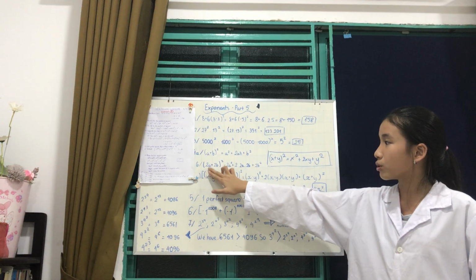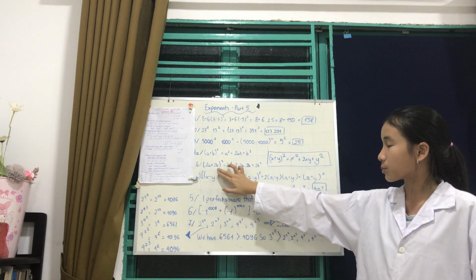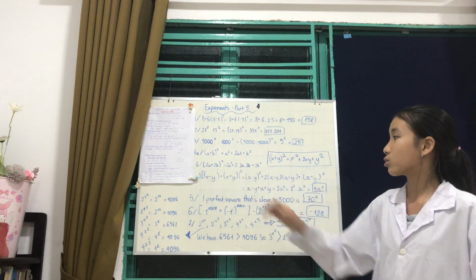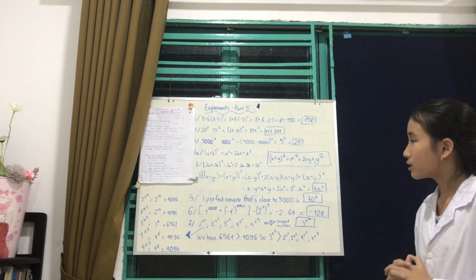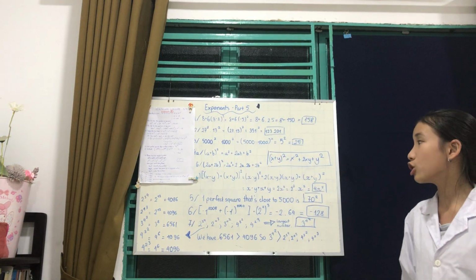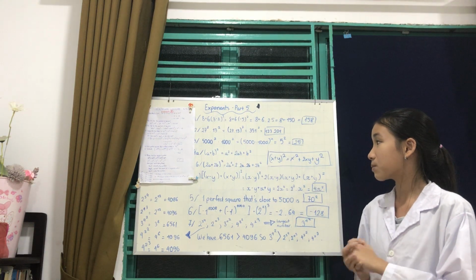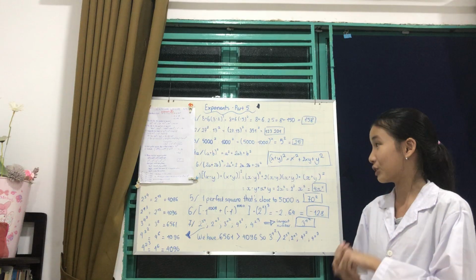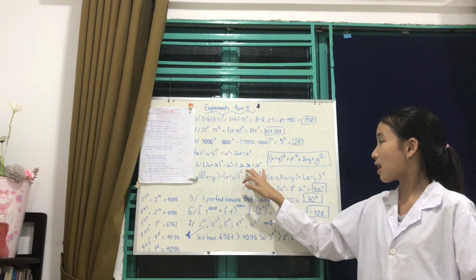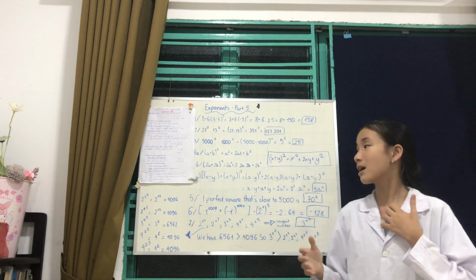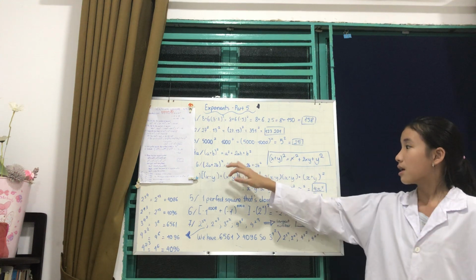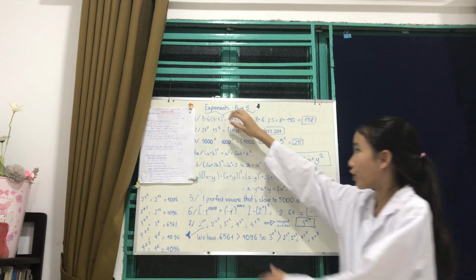It is (2 times a plus 2 times b) squared. This will equal (2 times a) squared plus 2 times 2a times 2b, plus (2 times b) squared. That is what I have here.